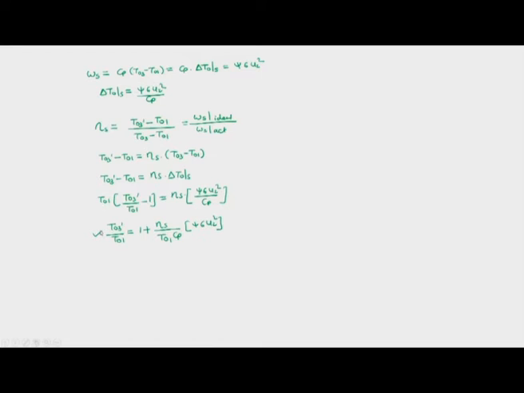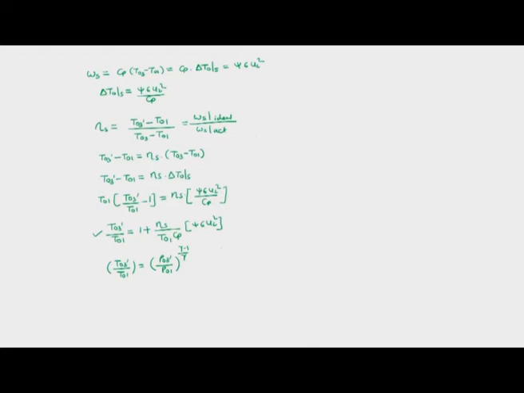This is the isentropic temperature rise in a stage, and for it we have the formula T03 dash upon T01 is equal to (P03 dash upon P01) raised to gamma minus 1 upon gamma, which is the pressure rise in a stage.